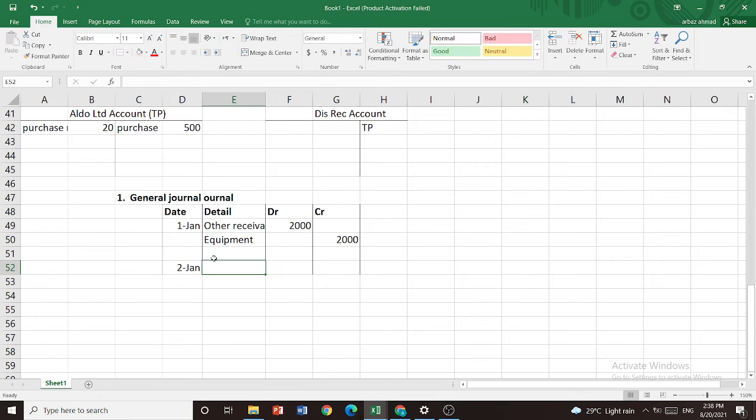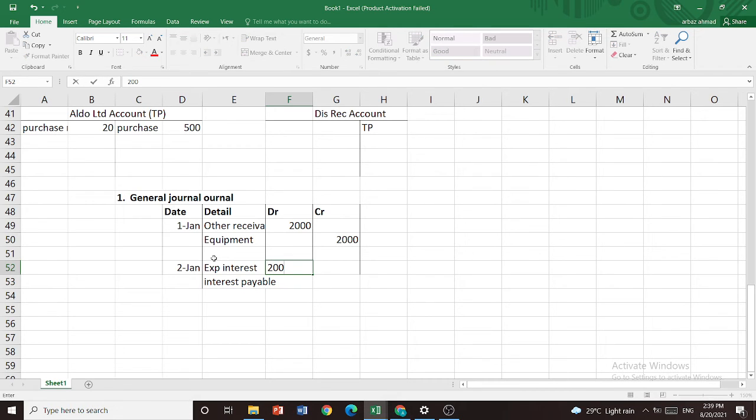2nd January, we receive a discount, we are entitled to a discount, or we can say we are supposed to pay interest. If we are supposed to pay interest, we will write here interest expense, and here interest payable.